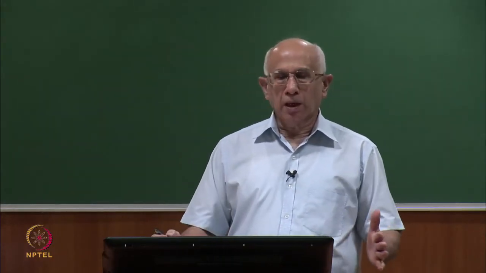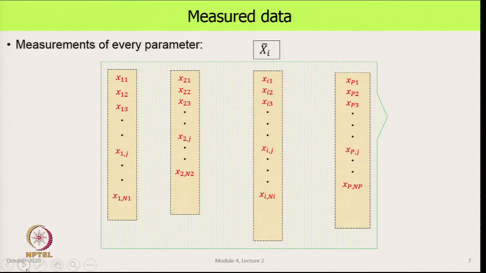So, to represent the data in a pictorial way, this slide shows what is all the measured data that we have collected in the experiment. So, in this first column it is x11, x12, x1j, x1n1. So, for x1 parameter, maybe a pressure somewhere or a flow rate, we took so many readings under the same conditions, and this is one set of data that we have, and these are the measured values for x1.